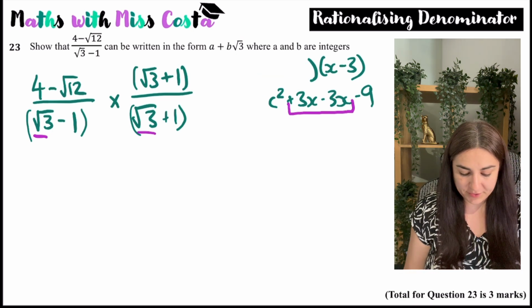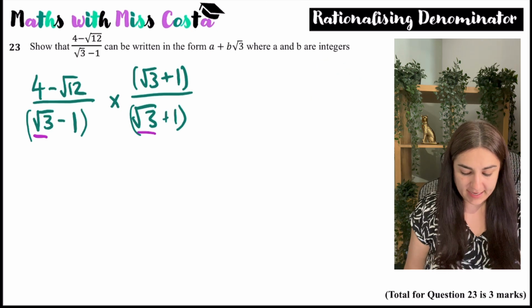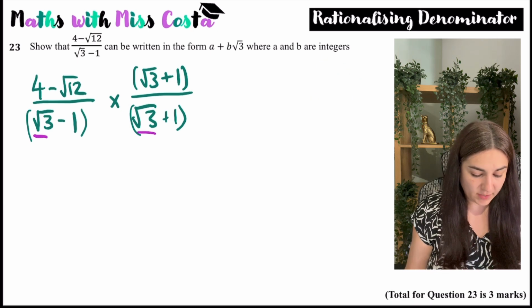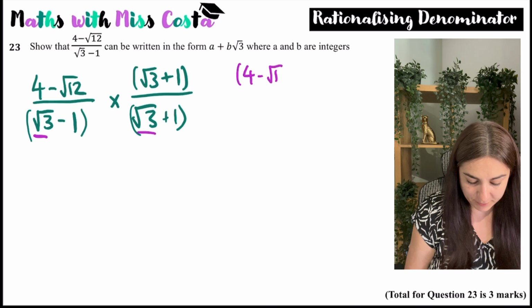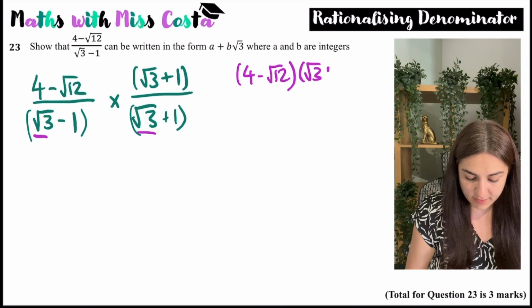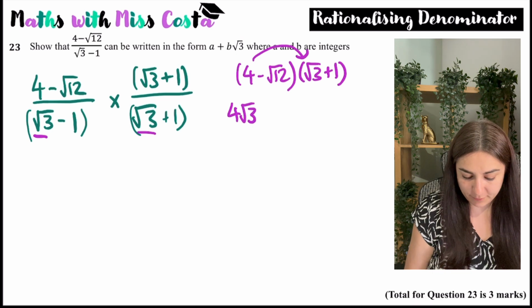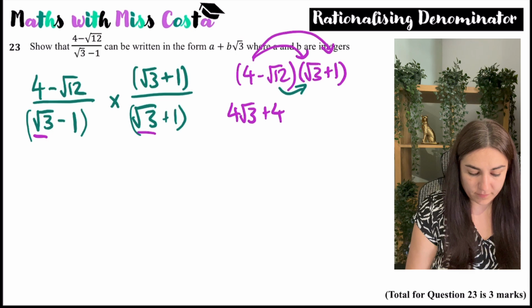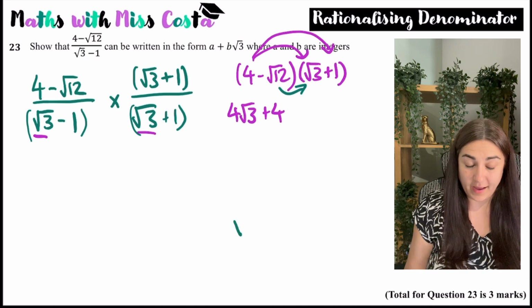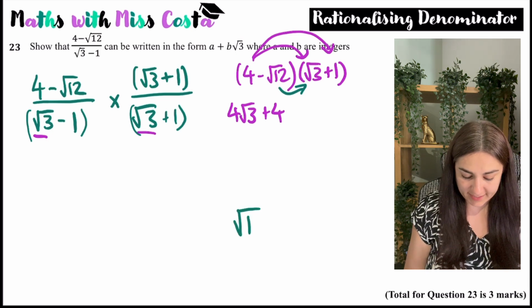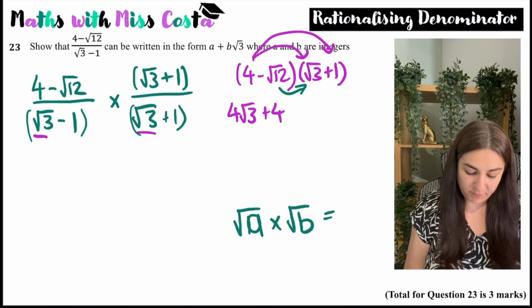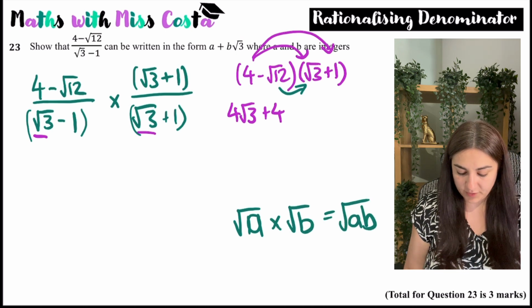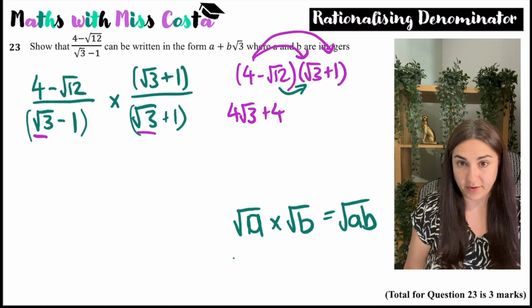So once we do that, we just multiply. Now, when you're multiplying, it's just like expanding brackets. So that would be 4 minus root 12 times by root 3 plus 1. So we'll do the numerator first. That would give me 4 root 3 plus 4, and then really quickly, when I'm multiplying thirds, let's just do it as a general rule, if you're doing a times b, you just bring them together as ab, so it's the product of the two.